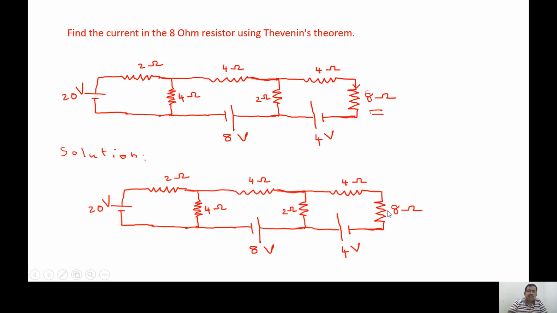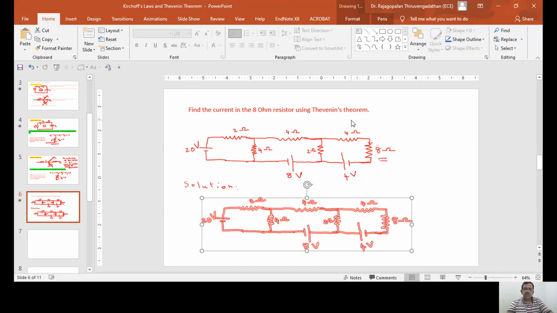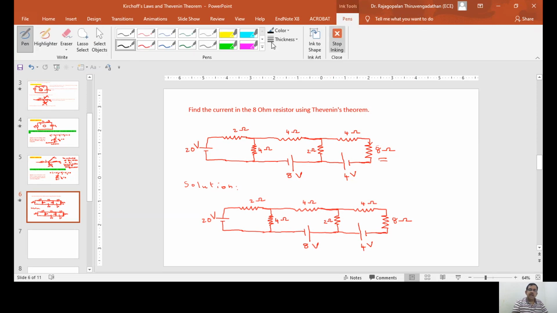The first thing I'm going to do is remove this 8 ohm resistor. For now, temporarily, I will forget that the load is my 8 ohm resistor, and remove it from this part.